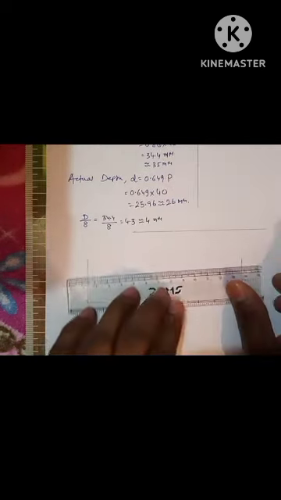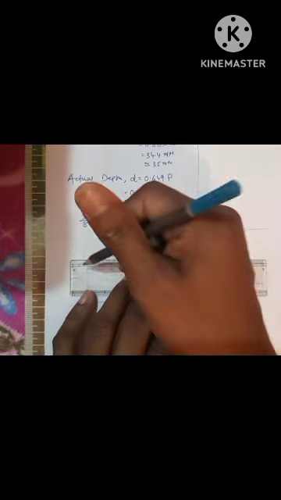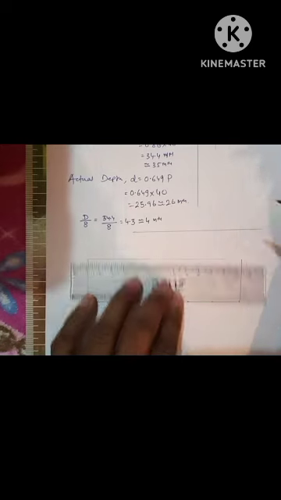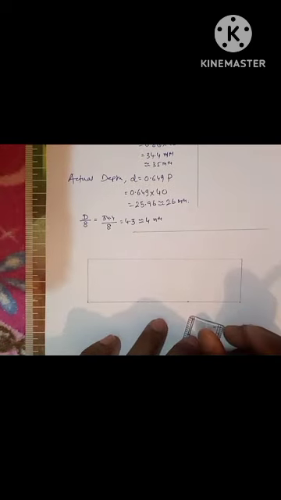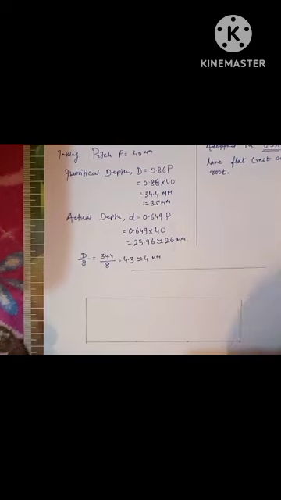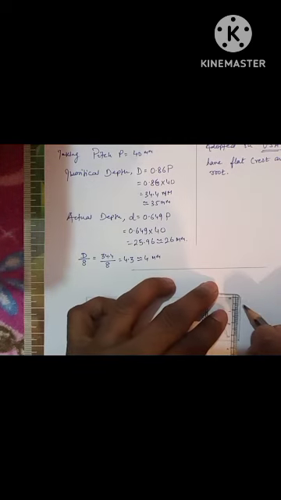Now complete the block. Top edges we will join. This will represent the capital D, that is the total height of the thread, which we have already calculated as approximately 35 mm. From the top we have to take 4 mm, that is D by 8.